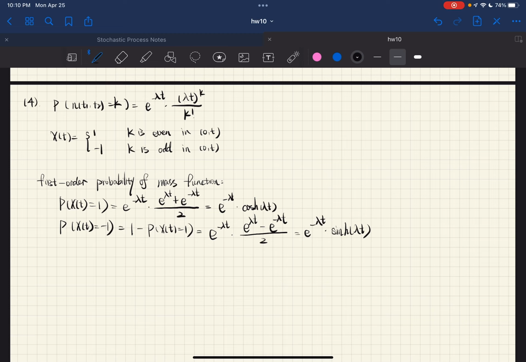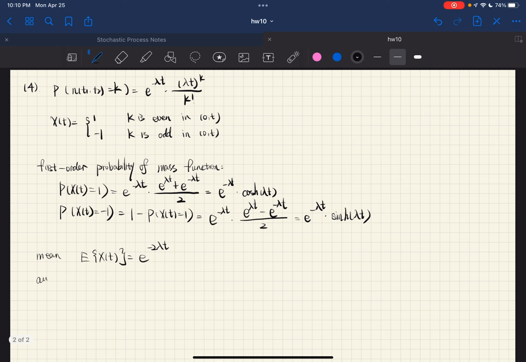It is also based on the Poisson points. And we have the mean, which is e to the power of minus 2 lambda t.